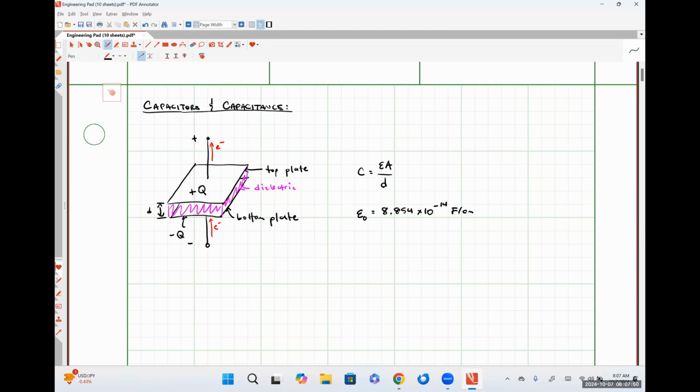So for a capacitor, we have yet another energy storage element where the energy stored in this case is in the electric field that is sustained by keeping the charge separated, right? Or forcing more positive charge on the top plate and conversely negative charge on the bottom plate. Okay, so this is electric field lines.